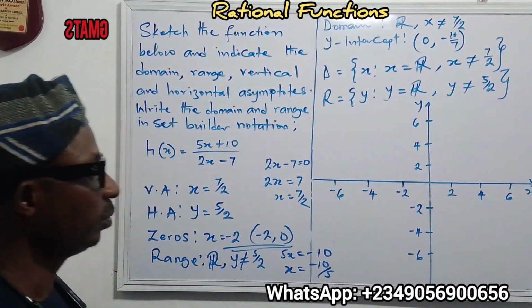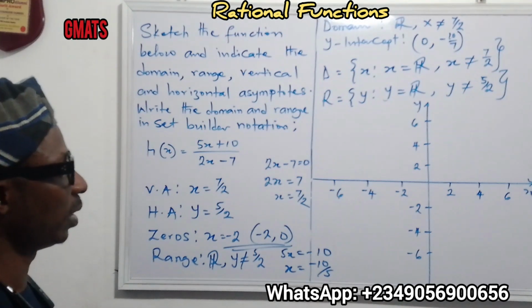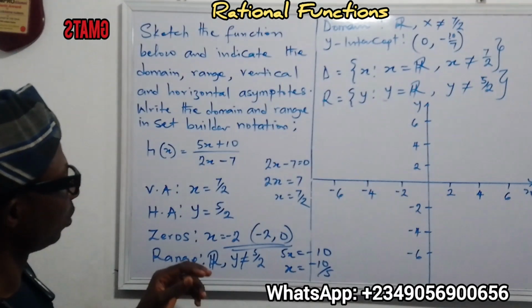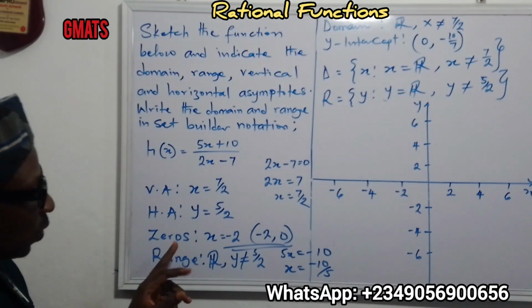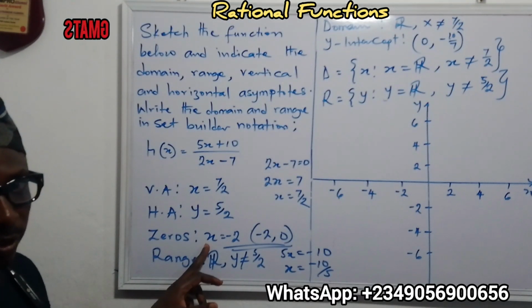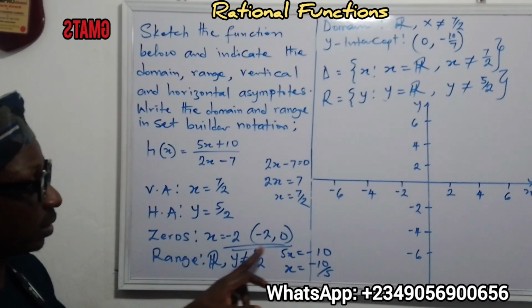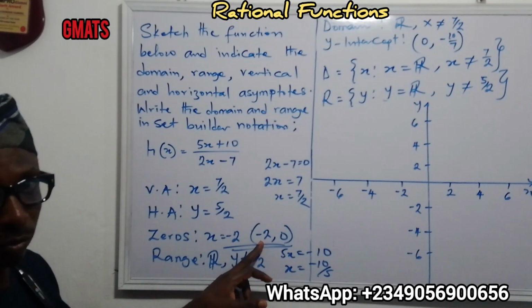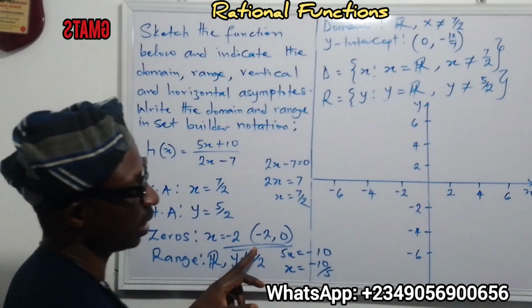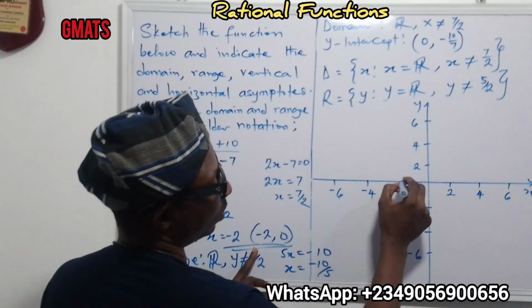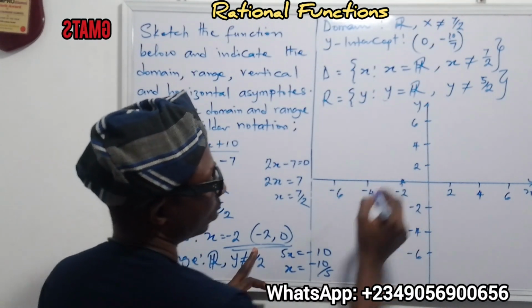Now let's look at these points. You locate the point of the zeros: when x is -2, y is 0. So that is going to be on the x-axis, so this is the point.